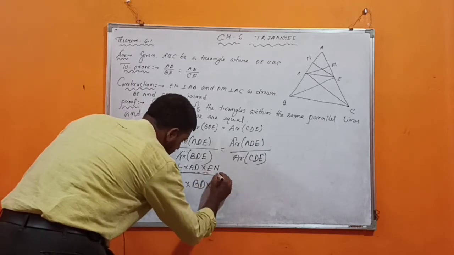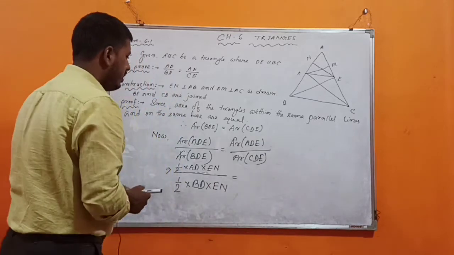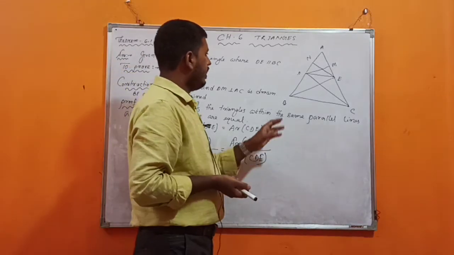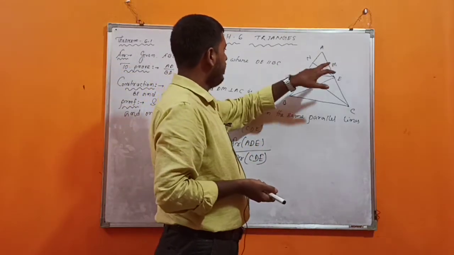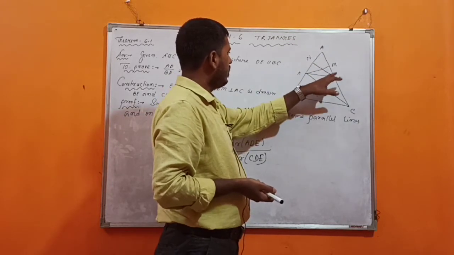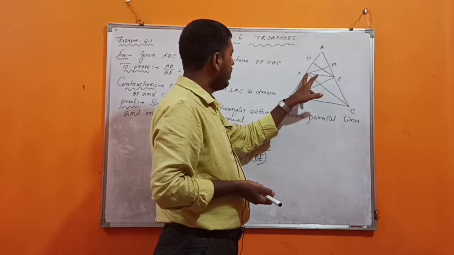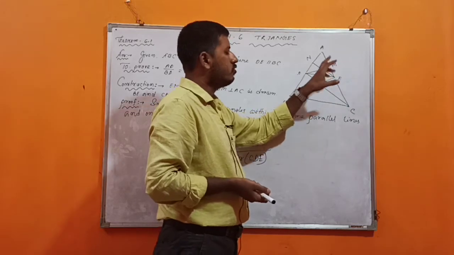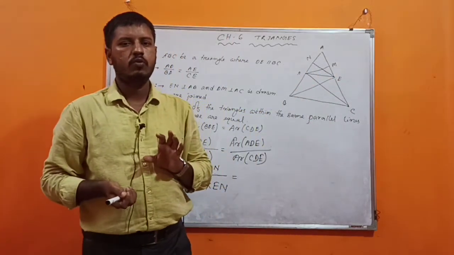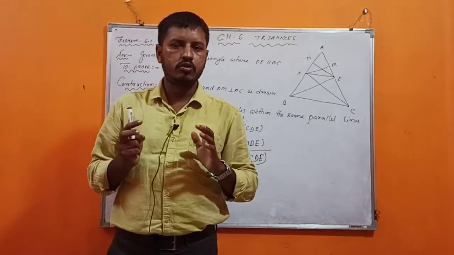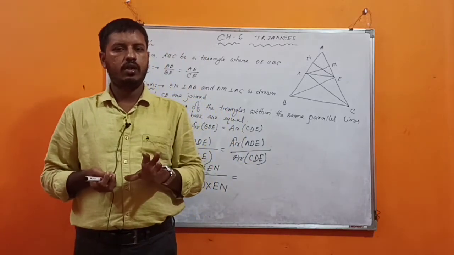So I am writing half into BD into EN. Similarly, consider the second triangle ADE, where the base will be AE and the perpendicular will be DM. The construction part depends on yourself.